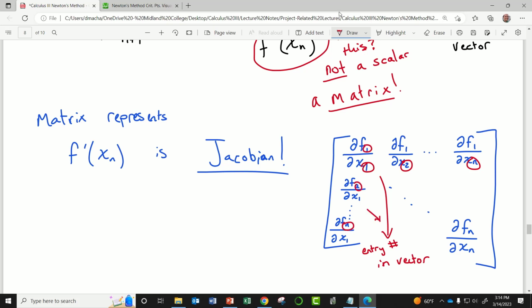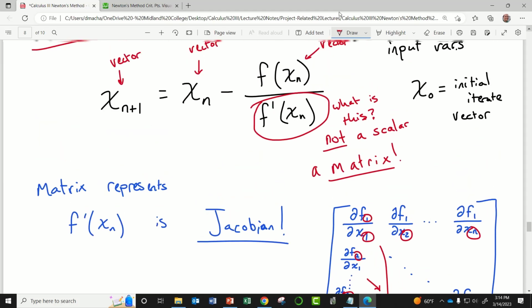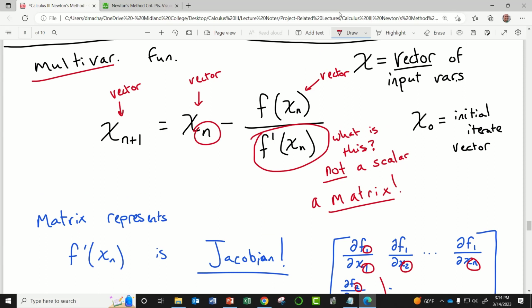Those also represent the entry number in the vector. Whenever we were using the Newton's method formula, these subscripts represented the iterate number. And so we use subscripts here in this lesson for two completely different ideas. And I hope that's clear, and you can always ask me if you have any questions about that.